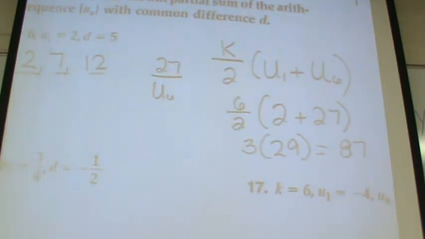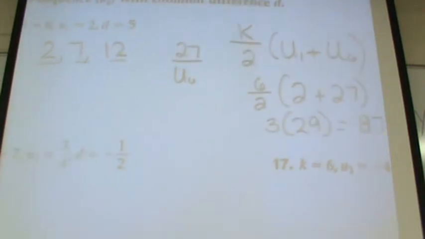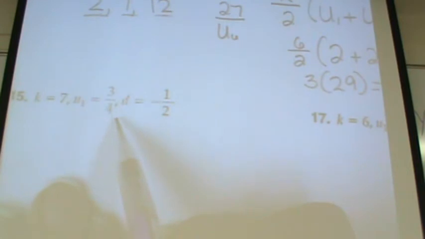Number 15. This one, K is 7. You're adding the first 7 terms, and the first term is 3/4, and the D value is you're subtracting a half.